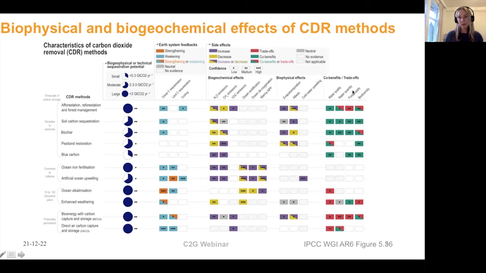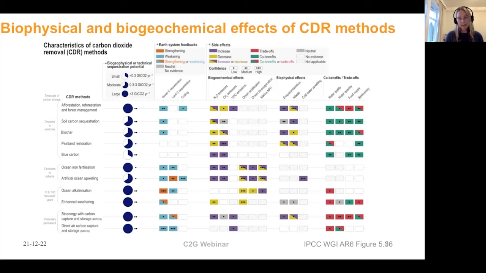And then for completeness, we also show the sequestration potential of these CDR methods and potential co-benefits and trade-offs with other societal goals that are related to water quality or food supply, for example. And a detailed assessment of the sequestration potential and its co-benefits and trade-offs will be done by the Working Group 3 report.